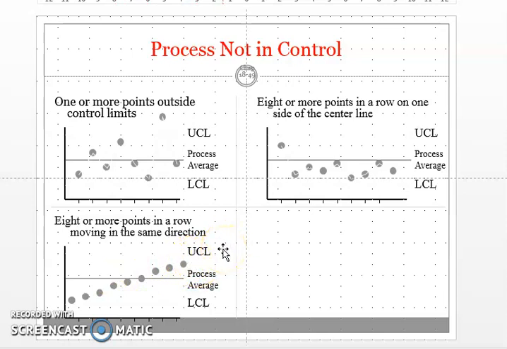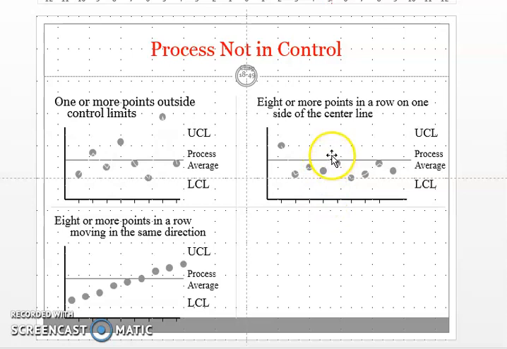The next is called a shift. When 8 or more consecutive points are on the same side of the center line, this is called a shift. The shift may be above or below the average line.